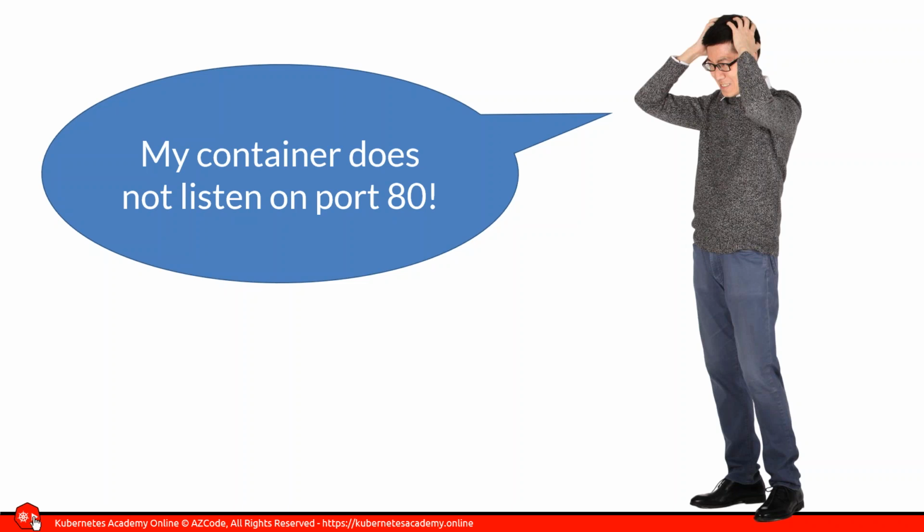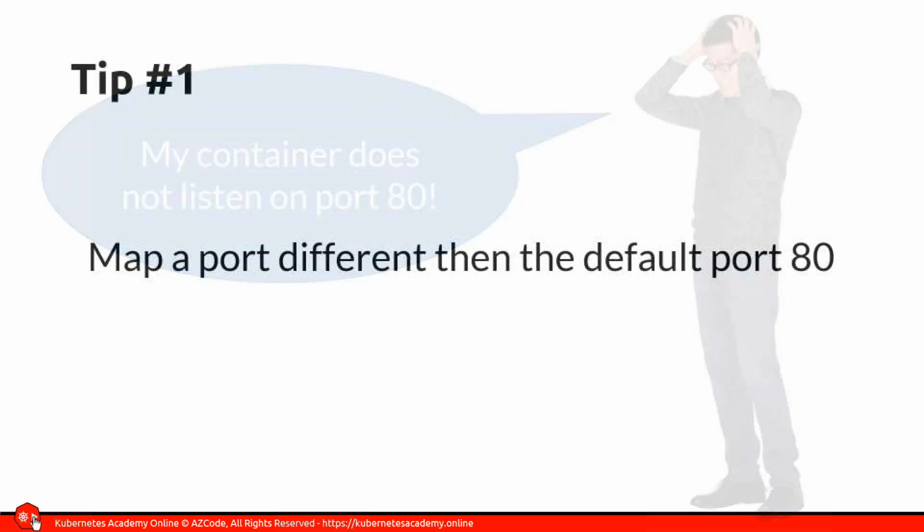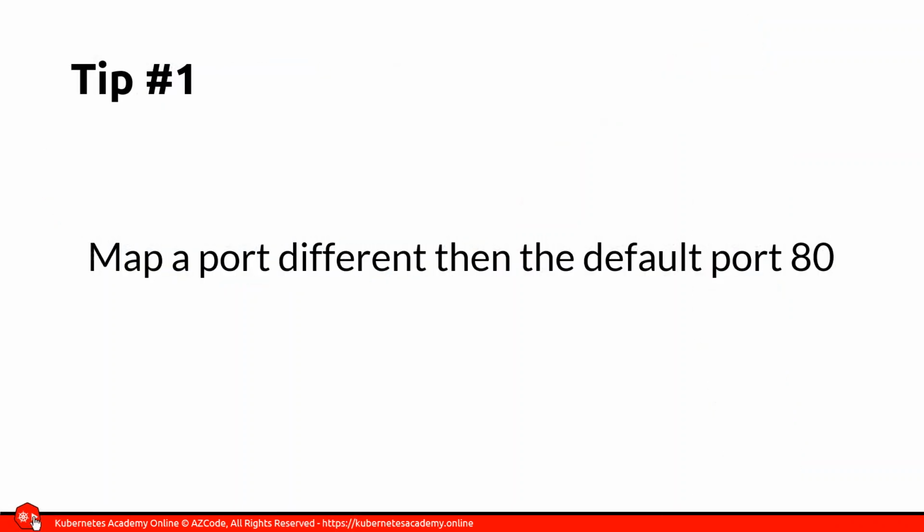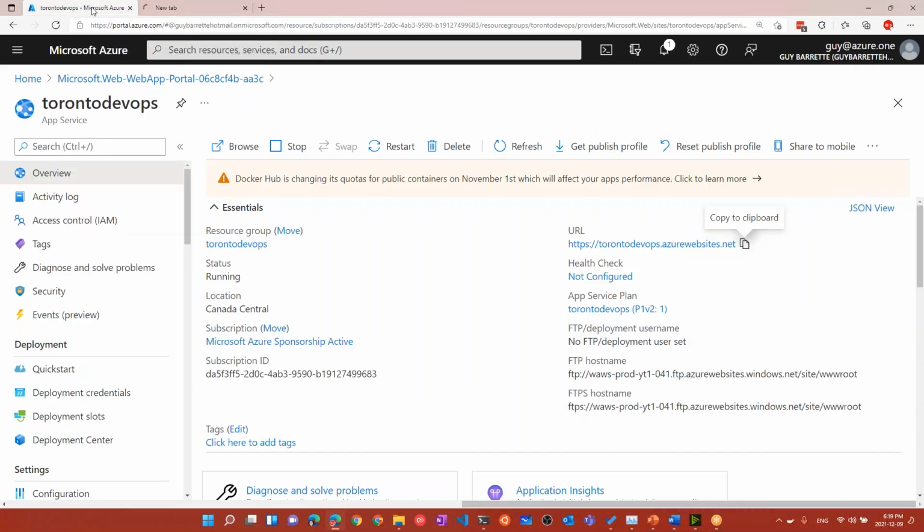So is there a way to change the setting so that my container listening on port 8080 will receive traffic? And that's tip number one. Let's try to change a setting so this will work.